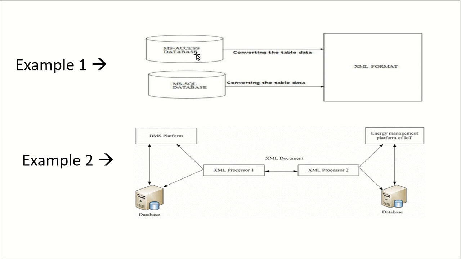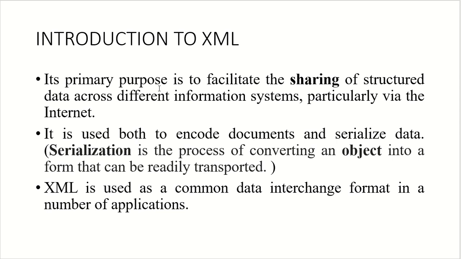Alright, so sharing of data is very difficult. So the basic purpose of XML was to share the structured data, to share the tabular form of data on the internet using XML. So this is the main purpose of XML, to share the data.